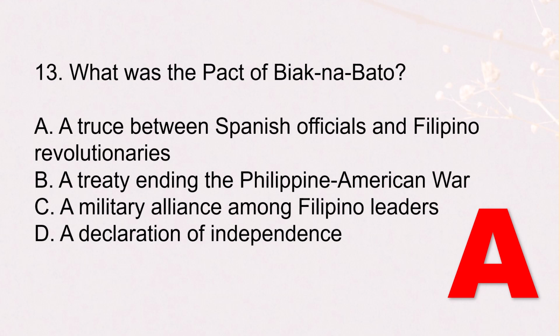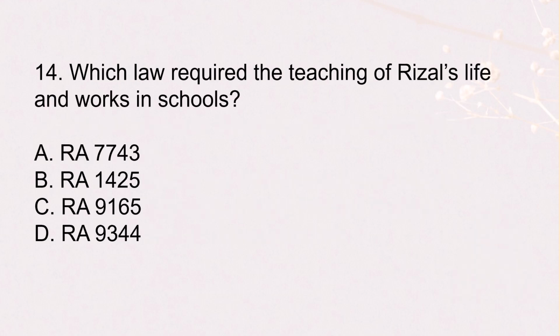The Governor General at that time, if I am not mistaken, was Governor General Primo de Rivera. For letter B, the treaty ending the Philippine-American War refers to a different conflict. This is not part of Biak na Bato. Letters C and D are not accurate descriptions for this topic, so only letter A is the best answer.